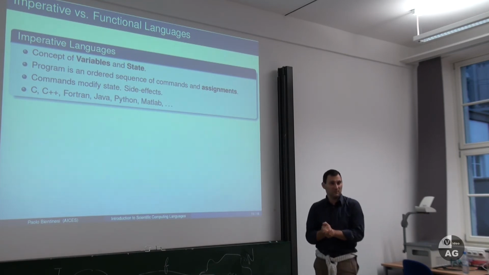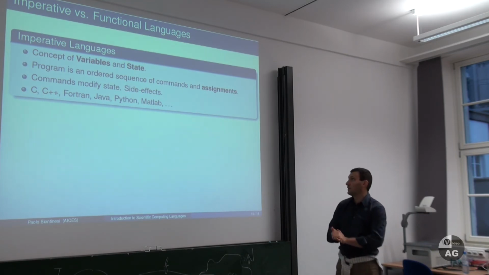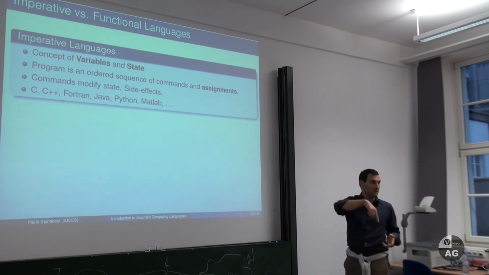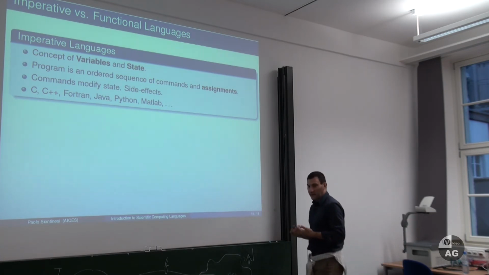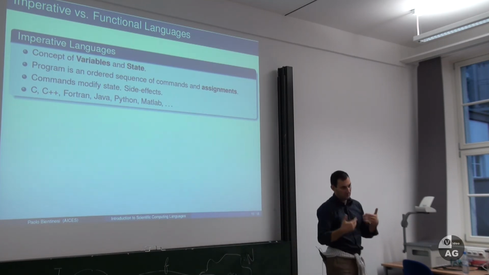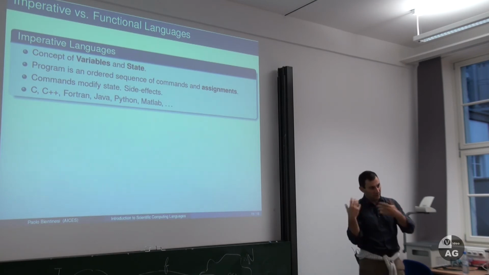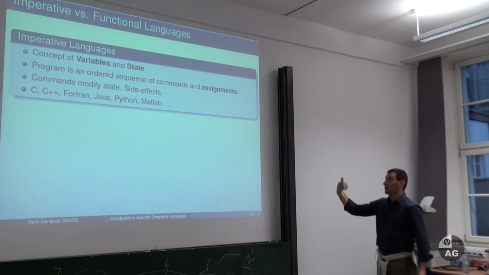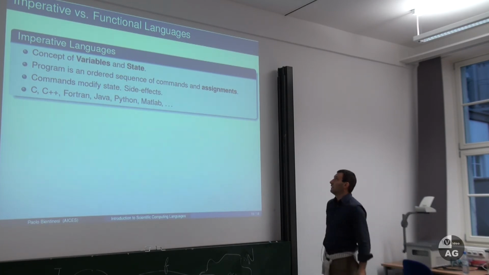Imperative languages, that's what I think all of you are familiar with. You have variables, you have a state, what I showed you before. And then a program is nothing else than a sequence of steps. You do this, then you do that. If this, then do that, and you keep going like this.